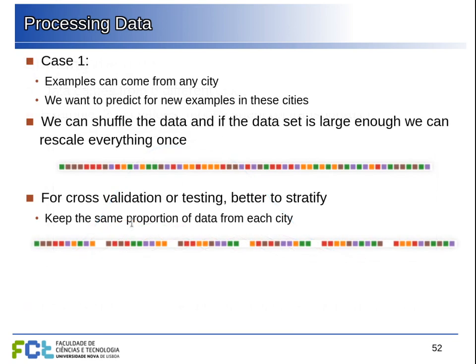So this would be the approach here. We don't care about the city, we just make sure that we have the same balance of cities, because that will be the expected distribution for the future data. And in this case, if the data set is large enough, we can just rescale everything once, because it will not have a practical effect on the results.